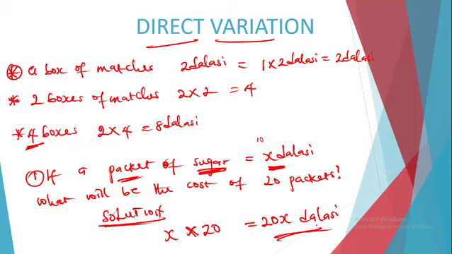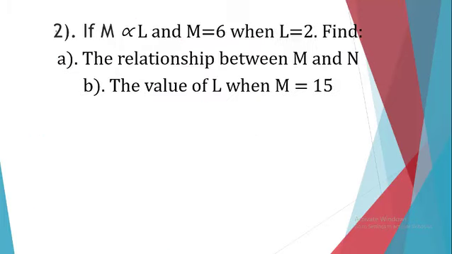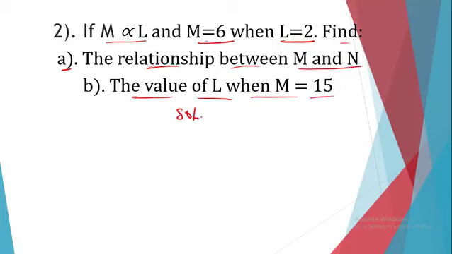Okay, let's take one more example. We have number 2 here on the screen. If m varies directly as L and m is equal to 6 when L is equal to 2, find A, the relationship between m and L, and B, the value of L when m is equal to 15.